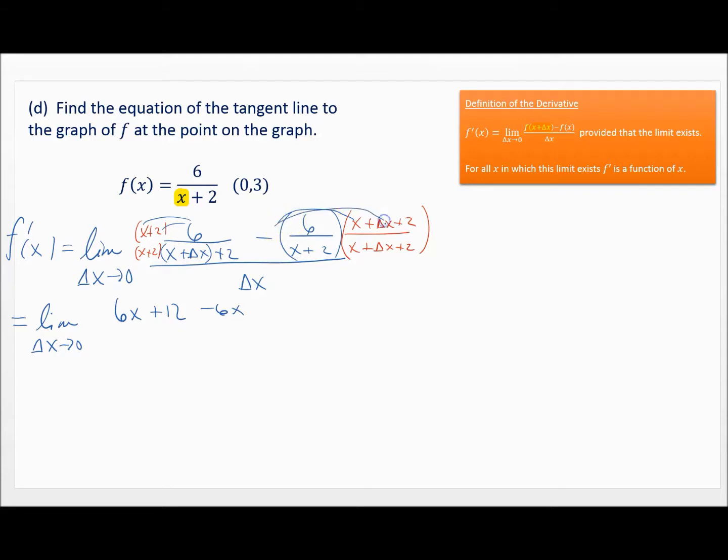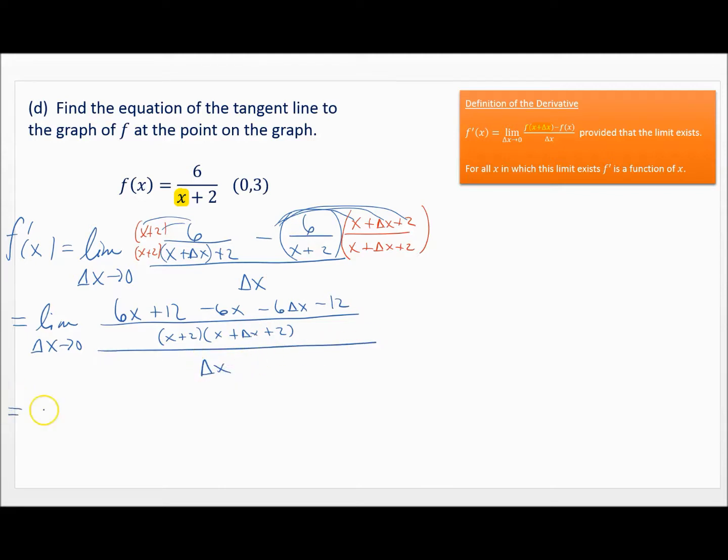Negative 6 times delta x is negative 6 delta x, and negative 6 times 2 is minus 12. Now, that's all over that denominator we found, x plus 2 times x plus delta x plus 2. And now that's all over the big fraction, delta x.